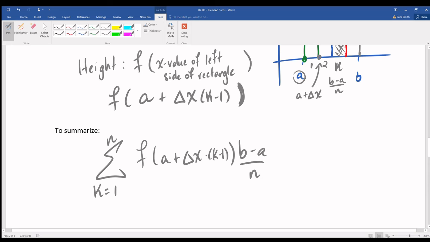That is what is going on here. And we'll see an example of this formula at work in just a moment.